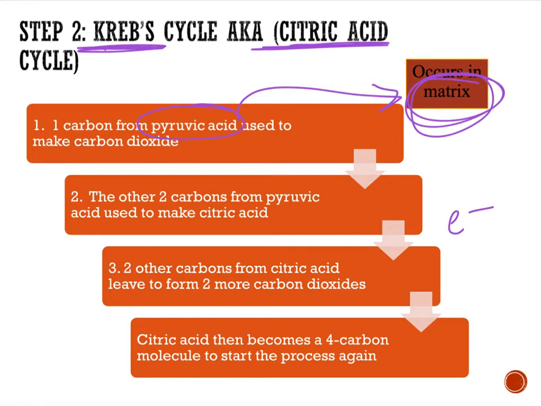Our job here is to release the electrons so that they can go through the electron transport chain, and so that they can basically create ATP synthase, which makes ATP for all intents and purposes. So that's really what we're doing here. We call it the citric acid cycle because you're continually making citric acid as well as breaking it apart.